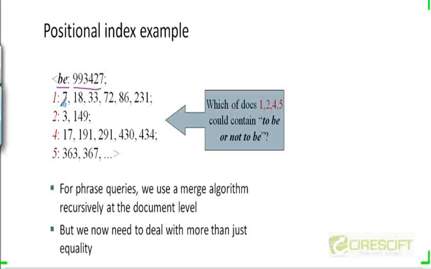And within document number 1, it appears at these positions. Within document number 2, it appears at these positions, and so on. Now, suppose we were searching for this phrase, to be or not to be. Which of these 4 documents could contain this phrase?